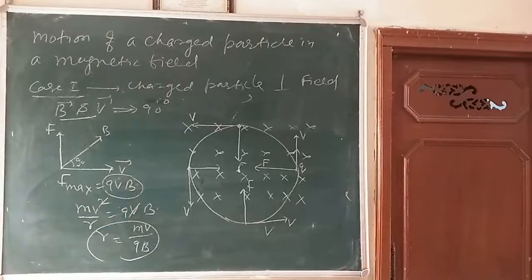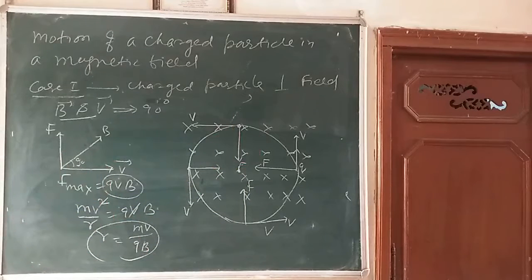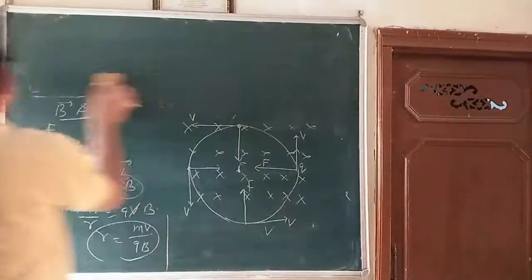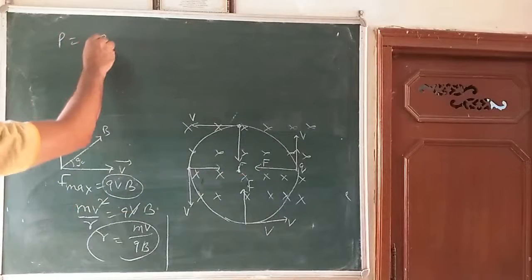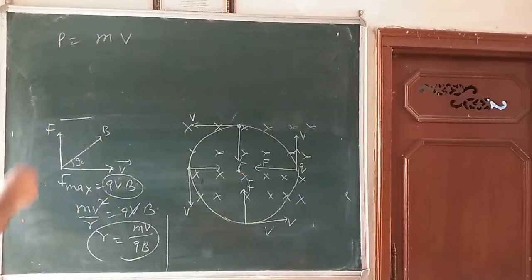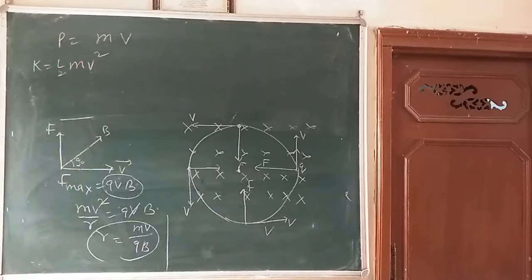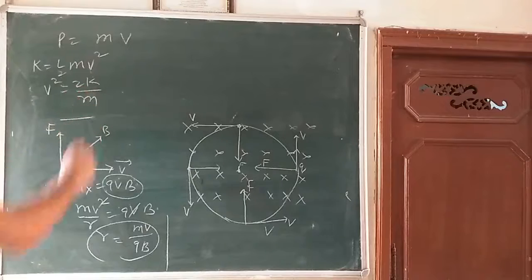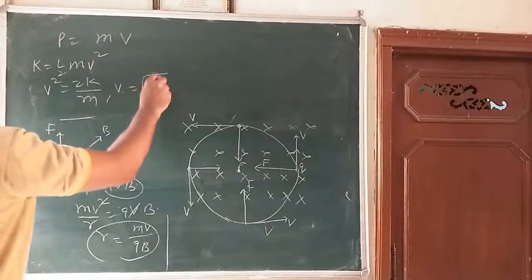So in case of a circular motion of a charged particle in a steady magnetic field, what is the momentum here? I can write the momentum, as I know very well, as the product of mass and velocity. I know the kinetic energy is 1 by 2 mv square. So v square comes out to be 2K by m, so v is equal to under root of 2K by m.